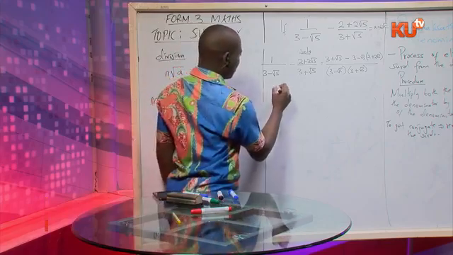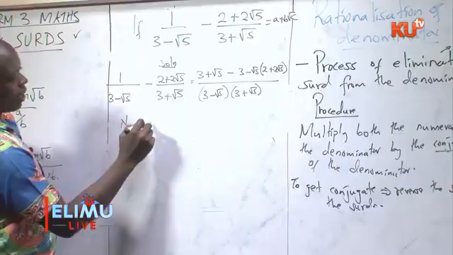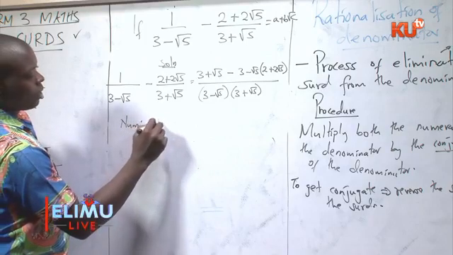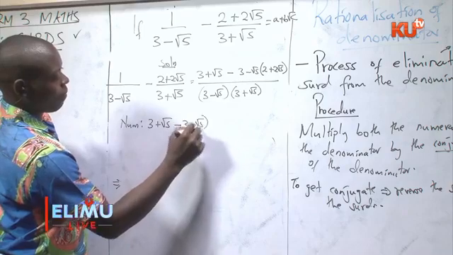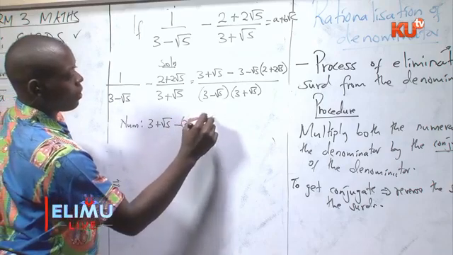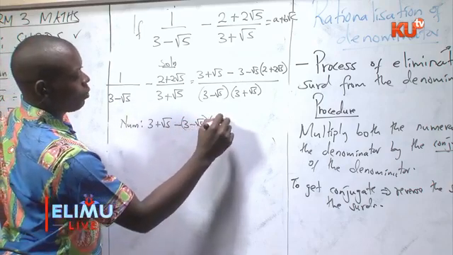So I work out the numerator so that I have 3 plus root 5 less 3 less root 5 times 2 plus 2 root 5.